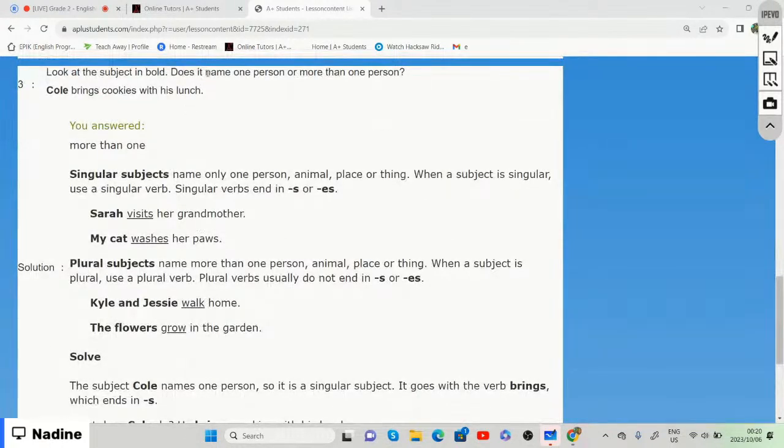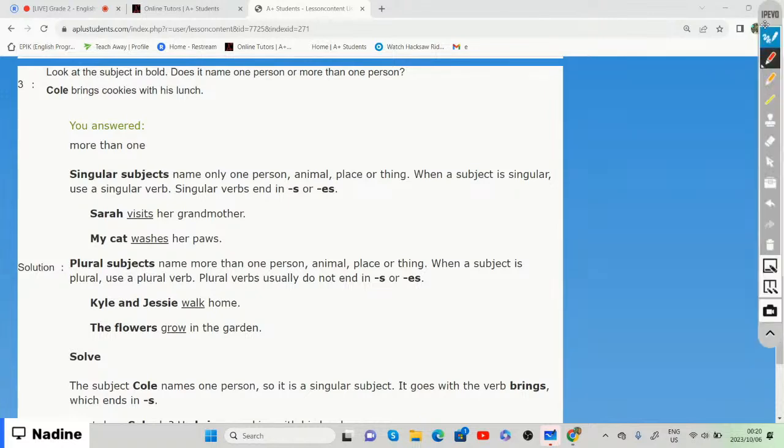All right. Does it name one person or more than one person? Cole brings cookies with his lunch. Does it refer to one person or more than one person?